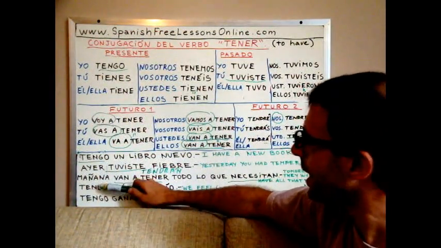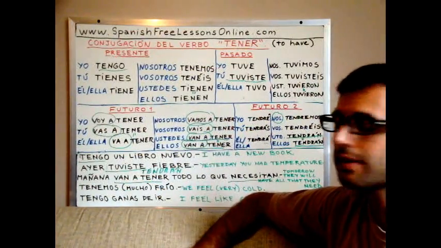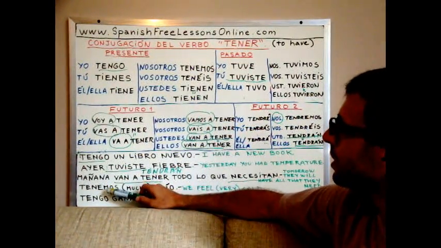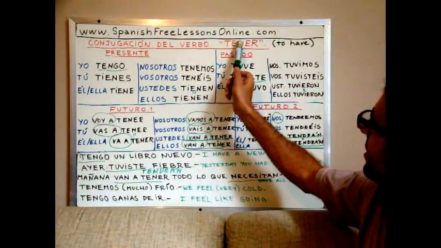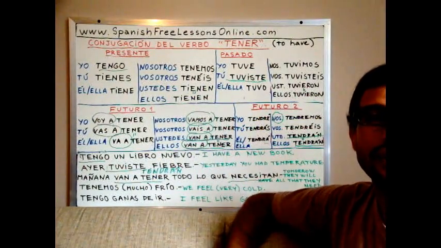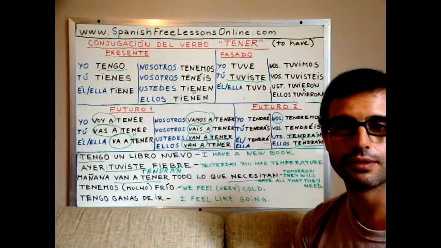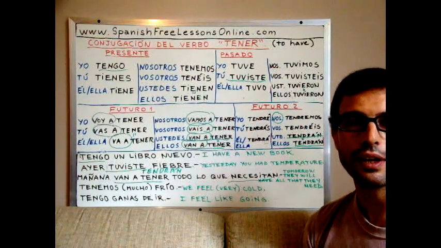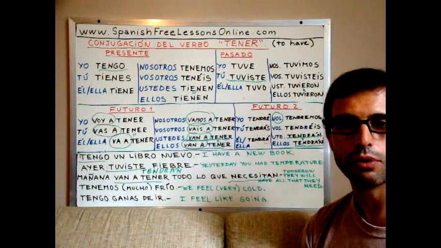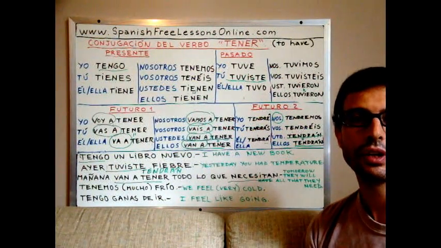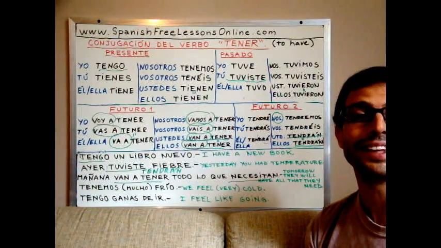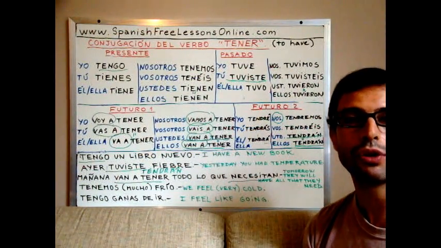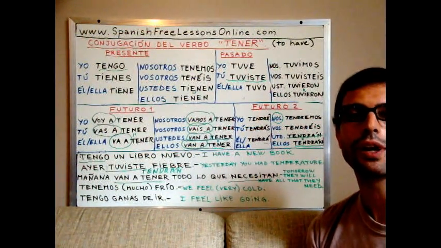Now, these two last examples, these two last sentences, we are using verb tener, but meaning to feel, right? We said before that when we say I feel cold or I feel hot, in Spanish we use the verb tener, right? Yo tengo frío or yo tengo calor.